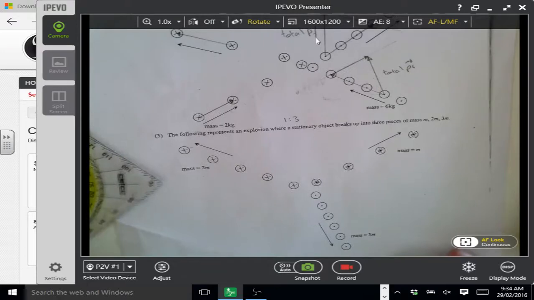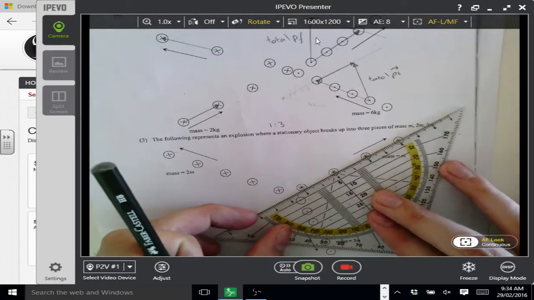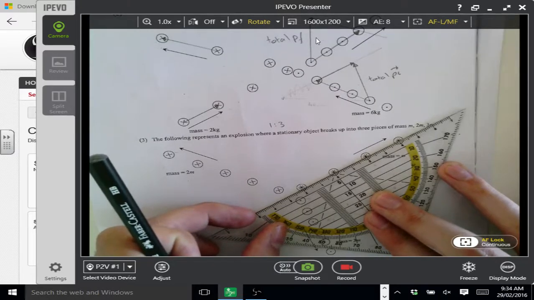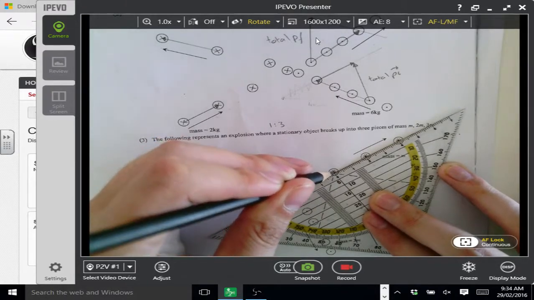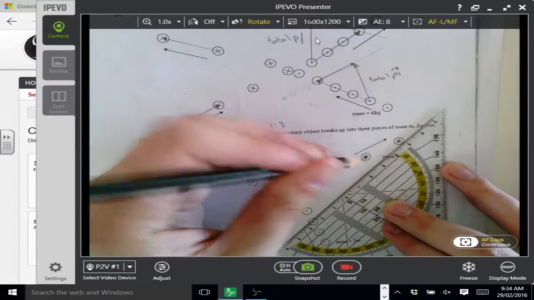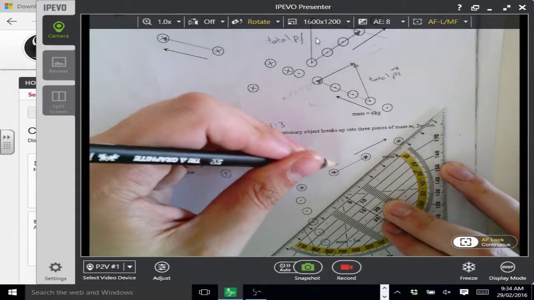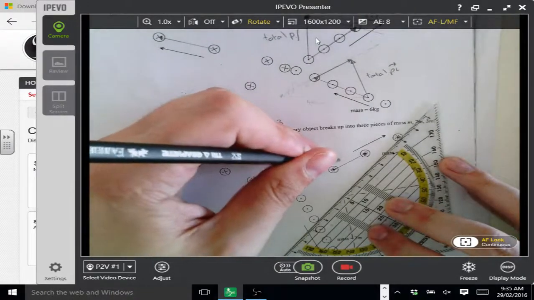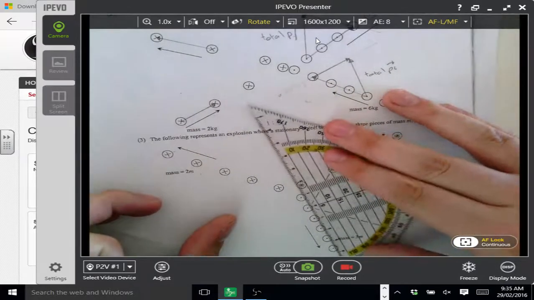So let's draw those. Okay, 3 for this one.